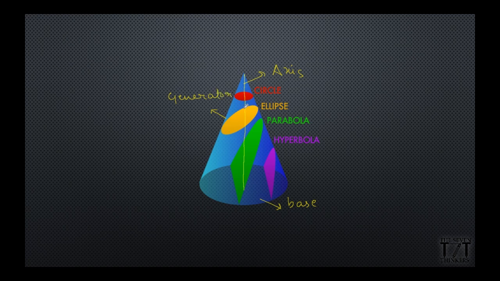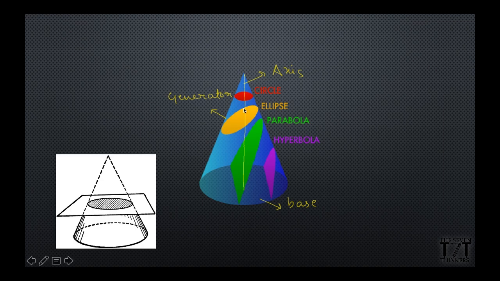So as we know, these figures are actually conic sections. So how do we cut a cone to obtain such figures? Let's find out. Circle. When we cut the cone parallel to its base, we obtain the figure circle.